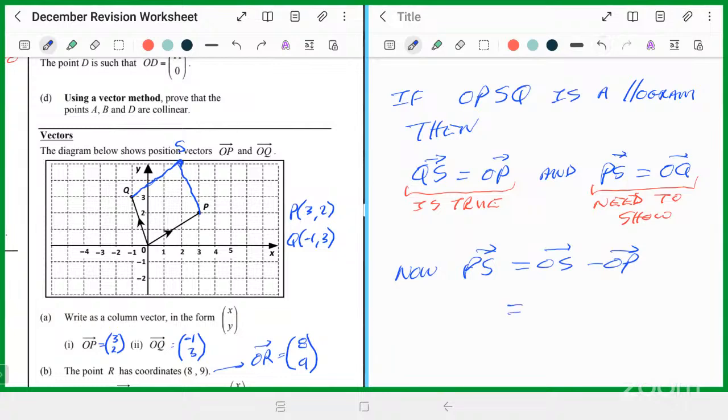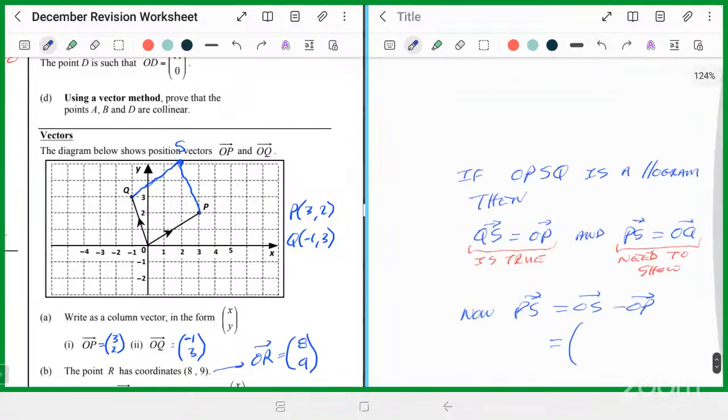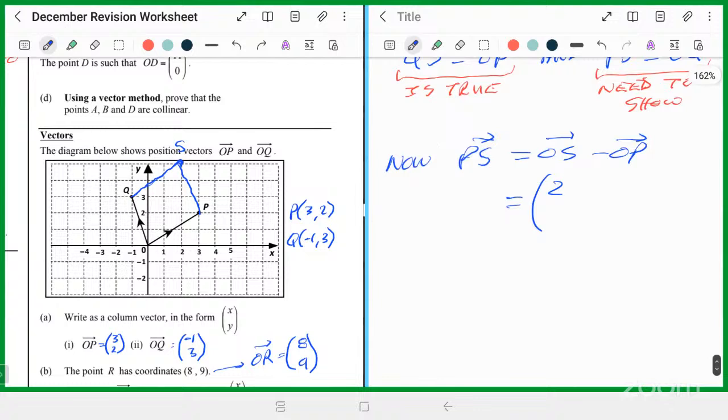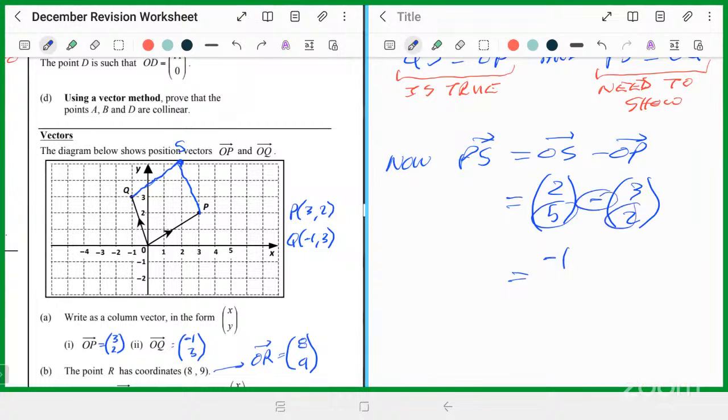So the OS is (2, 5), based on this. Minus the OP, which is (3, 2). This becomes 2 minus 3, which is negative 1, and 5 minus 2, which is 3.